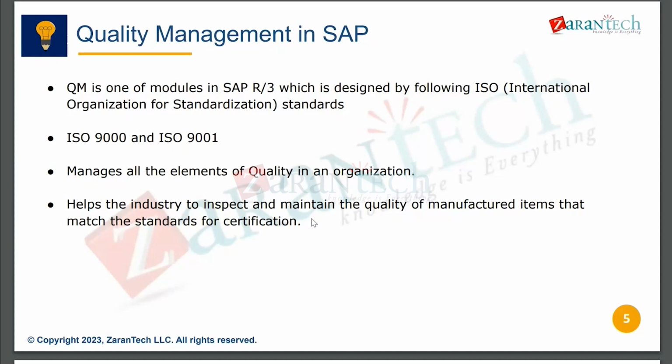So quality management manages and integrates with all the organizational activities, right from procurement to delivery of the material. It checks whether all the quality standards are as per our industry procedures, and whether everything is fulfilled or not.